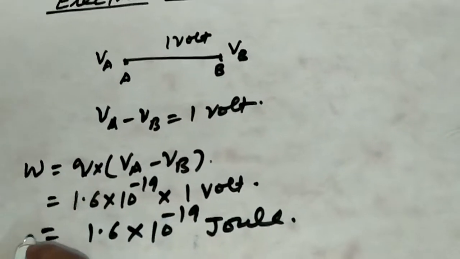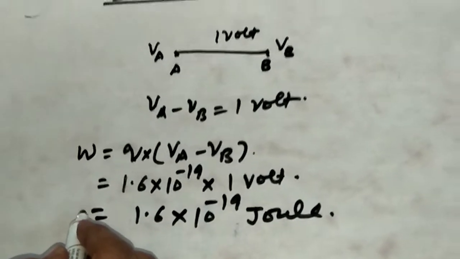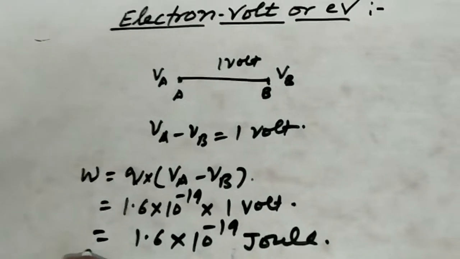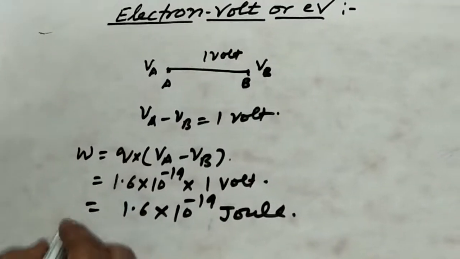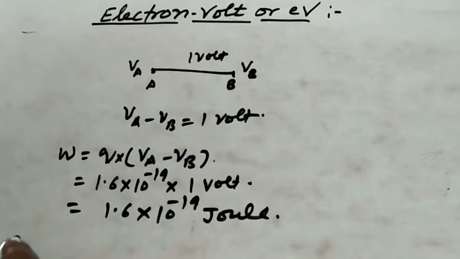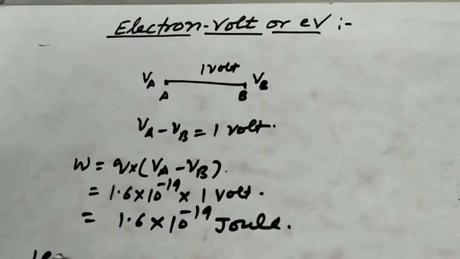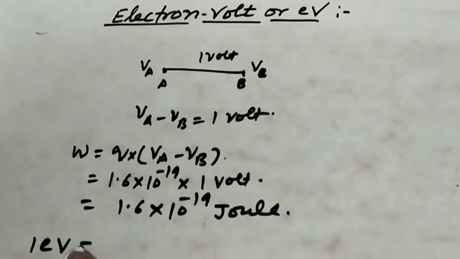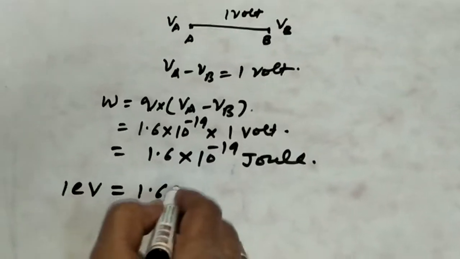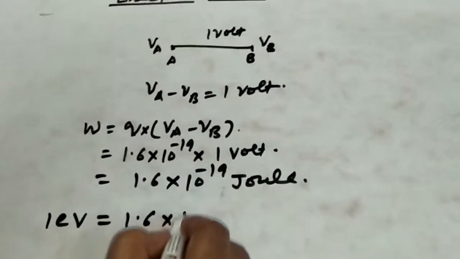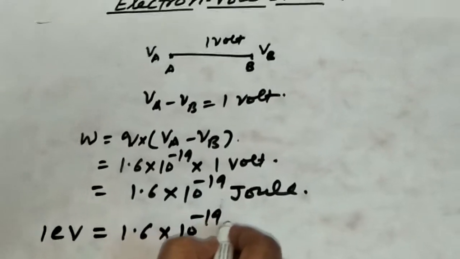It means 1 electron volt is equal to 1.6 into 10 to the power minus 19 joule. So simply, 1 electron volt is equal to 1.6 into 10 to the power minus 19 joule.